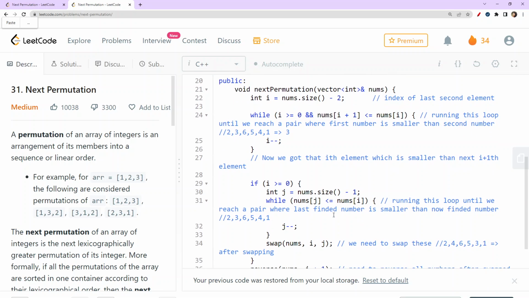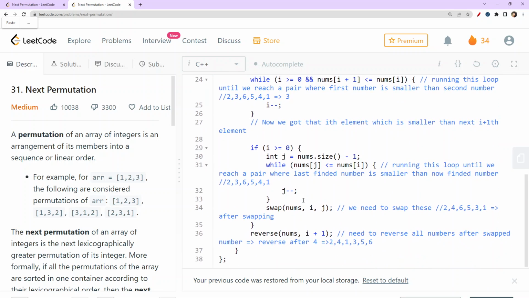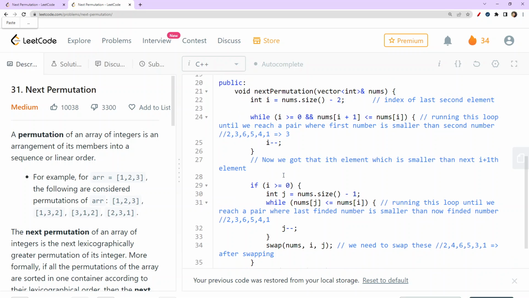And the whole thing which we are doing before the swapping and reverse, at the worst case it could also go to time complexity of order of n, right? Because there could be a case when we are not able to find that particular number.